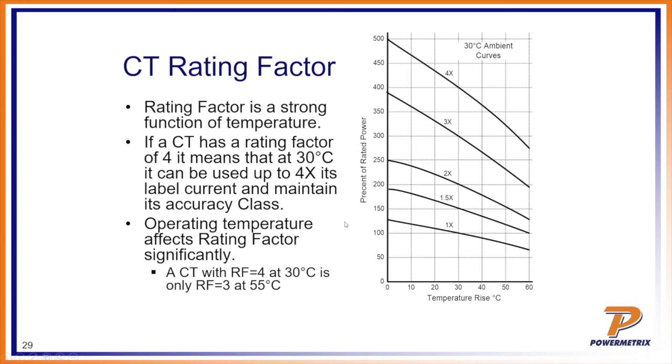So for a CT with a rating factor of 4 at 30 degrees C, you derate your rating factor once your temperature increases. For example, 55C is around 130 degrees Fahrenheit. Notice that now you're dropping down to a 3 times rating. So you're not able to drive that 200:5 to 800 amps anymore. Now you can only drive it at 600 amps.